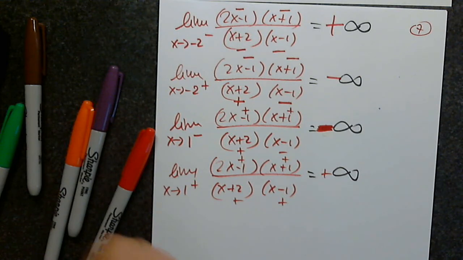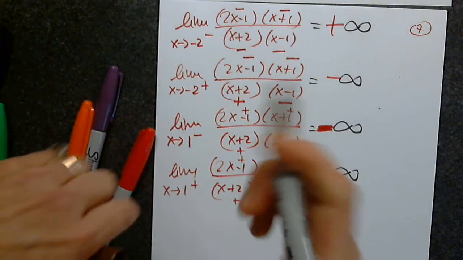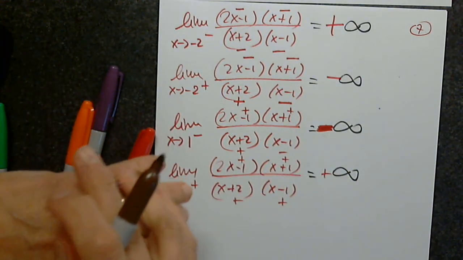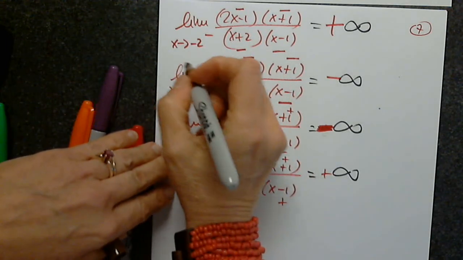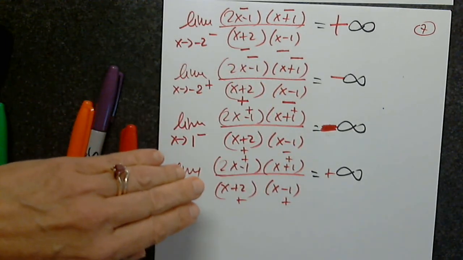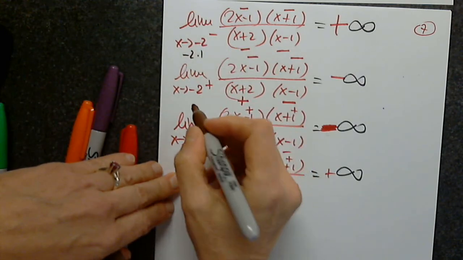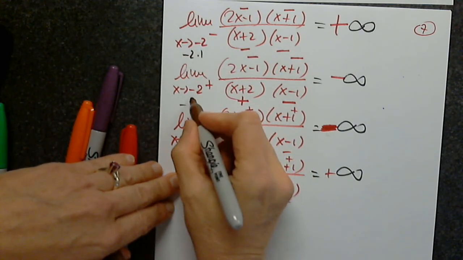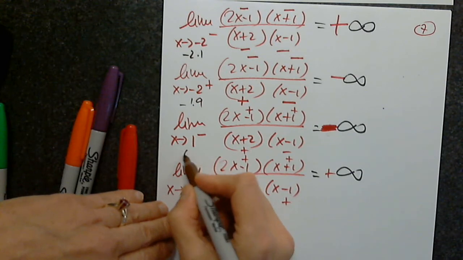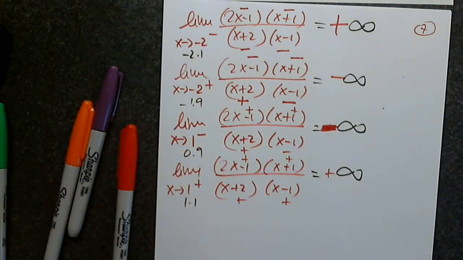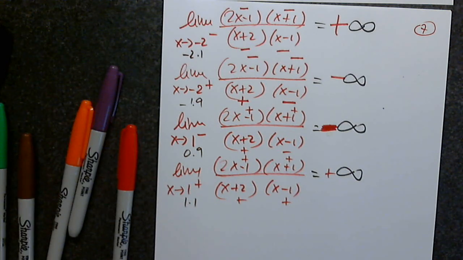So maybe you can use like 3? No, too far. We have to be very careful. So negative 2 from the left, negative 2.1; negative 2 from the right, negative 1.9; 1 from the left, 0.9; 1 from the right, 1.1. Any questions here?